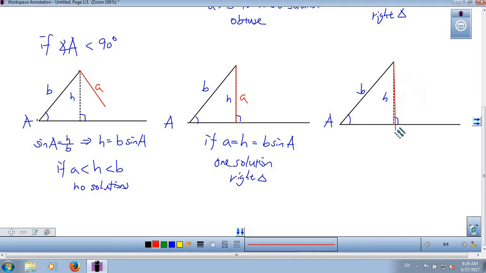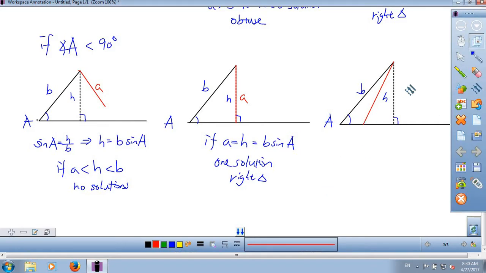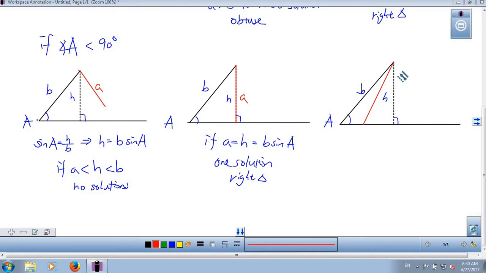Now, if side A is longer than H but less than B, like here, longer than H but shorter than B, then you will see that it will intersect the baseline at two places. One towards angle A and one away from angle A. You can see the swing of the arc.